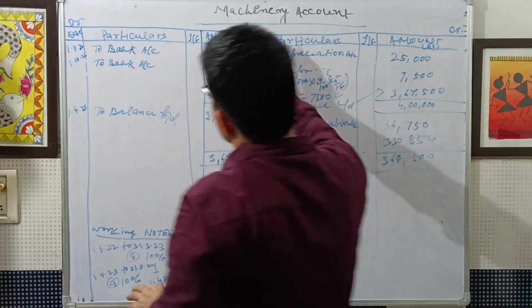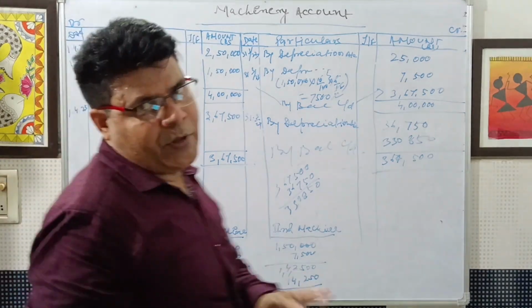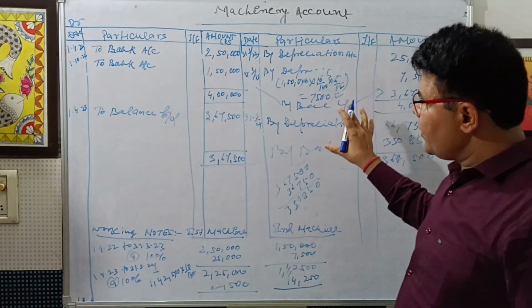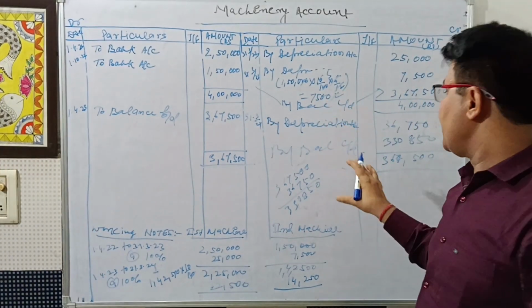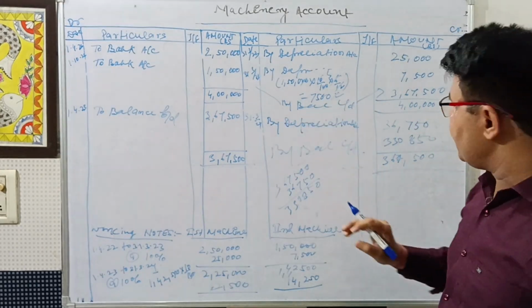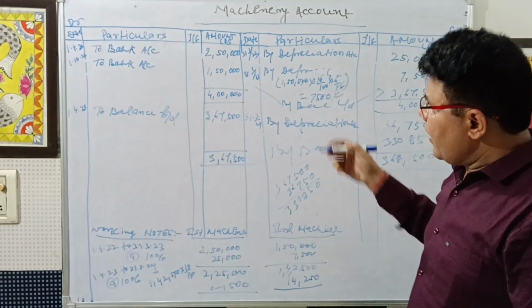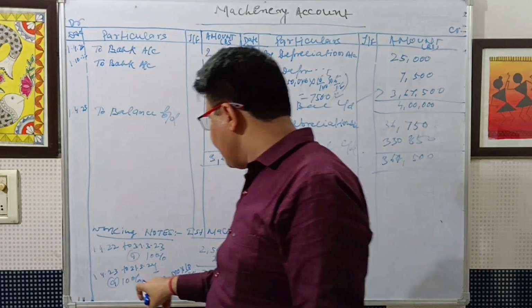So this is the value for 2023-24. This is the ledger account of the machinery account, and I hope you understand the concept of the machinery account and how to calculate the depreciation value. This is very important for methods, and the key points are the date and method. I already discussed this in previous classes. Why are the date and the method required?